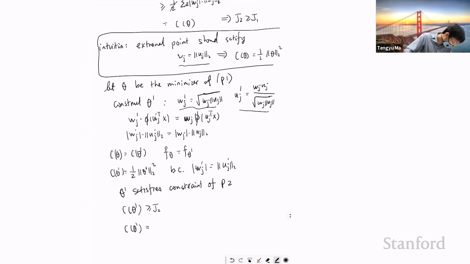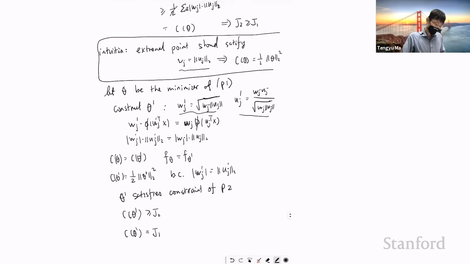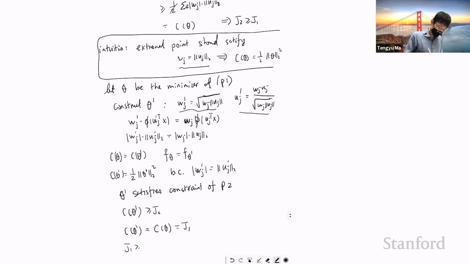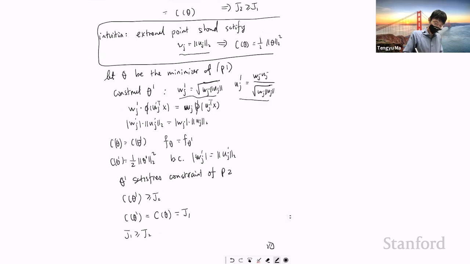Let me see what's going on here. I want to show that C theta prime is equal to J1. This is just because C theta prime is equal to C theta, which is equal to J1. I didn't change the complex measure because I'm just rescaling. So that's why J1 is bigger than J2. And before you get J2 is bigger than J1, so that's why J2 and J1 are the same.